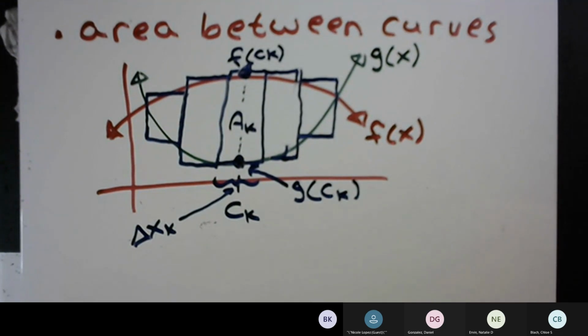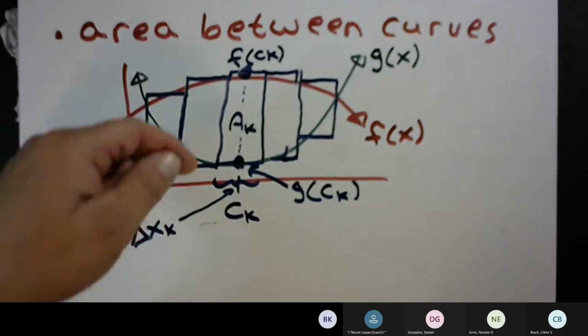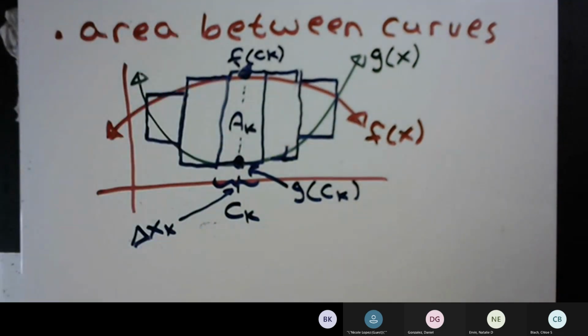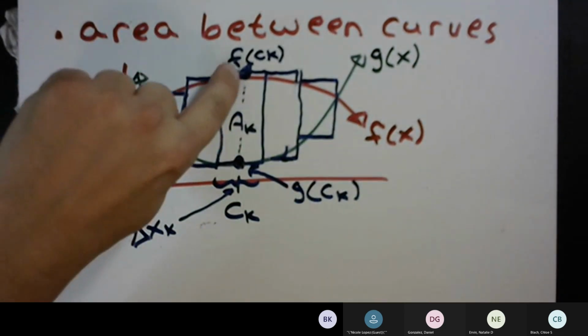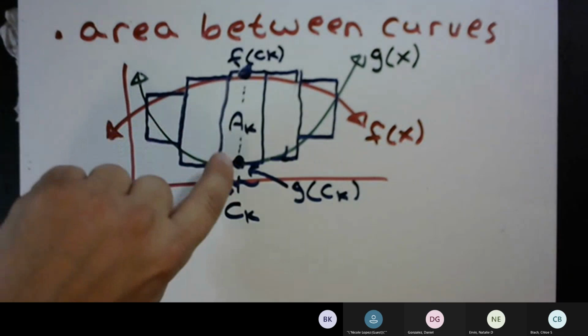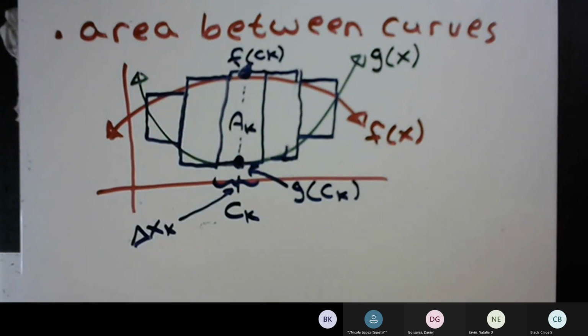So the way we're going to set this up, first, any questions so far about what the graph is trying to show? Well, in this case, the main idea is we're still going to compute the area of a rectangle as delta xk times the height of the rectangle, except this time the height of the rectangle will be f of ck minus g of ck.